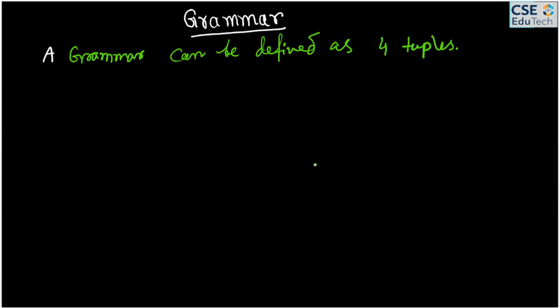What are these tuples? V of n, sigma, P, and S. What does V of n mean? Non-terminals. Sigma is the terminals, P is production rules, and S is the start symbol.